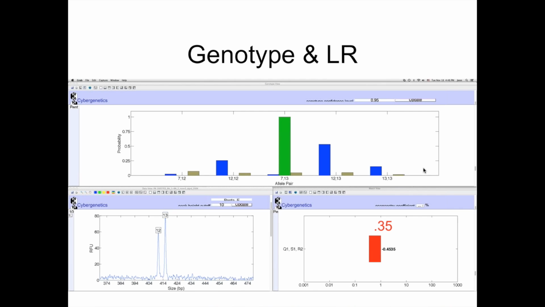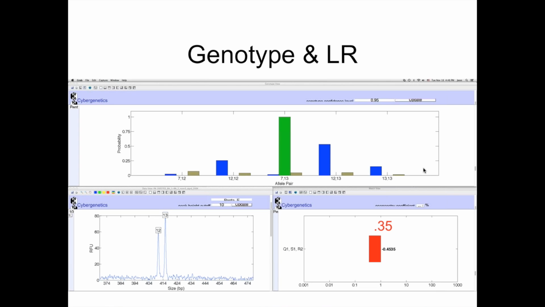Looking at this 3-window view again, and the bottom left, there's the same data we were looking at. Now, on the top genotype view, we see that TrueAllele has put probability based on where the data said probability should be for one of the contributors to the mixture.